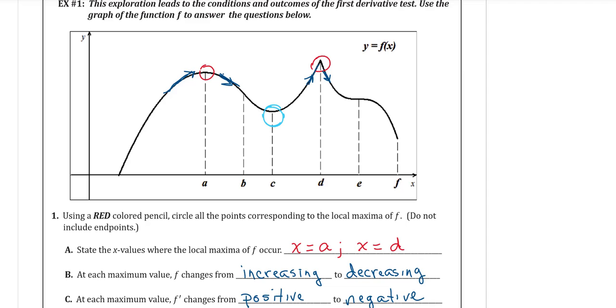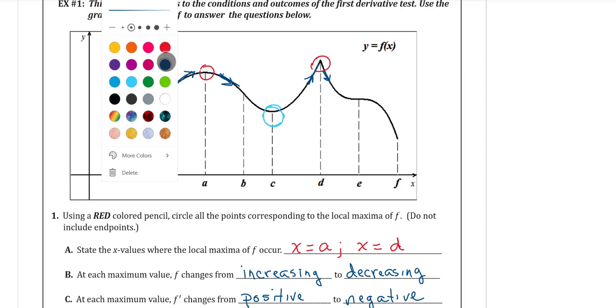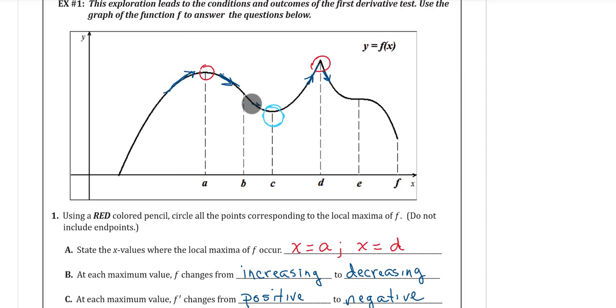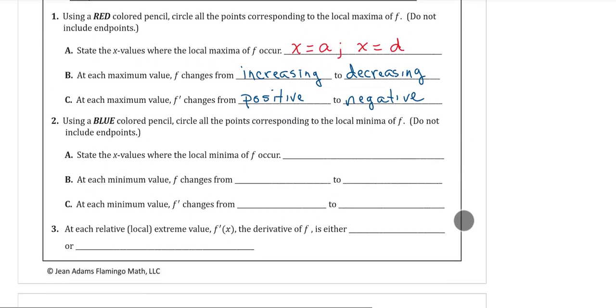And what's happening to f? Well, f is decreasing here, and then after the minimum, it'll be increasing. And then we are to add what the f prime changes are. Since we're decreasing, the slope of the tangent line here will be negative, and on the other side of the minimum, it'll be positive. So those will be my answers for number 2.